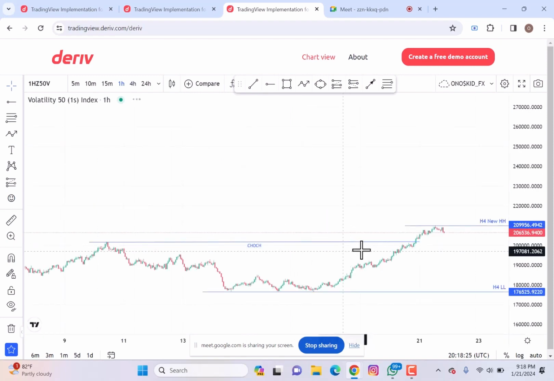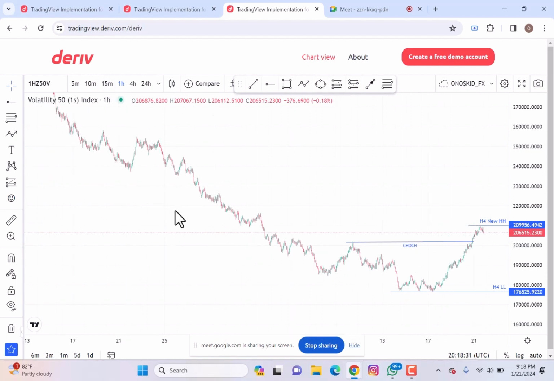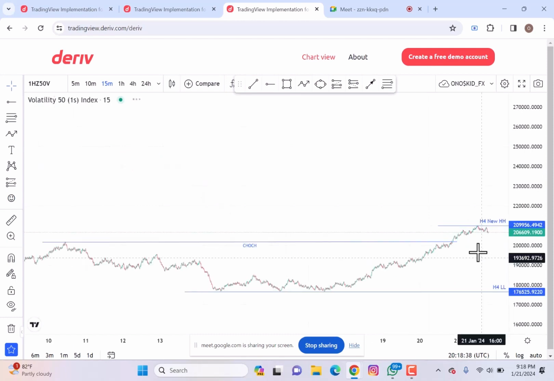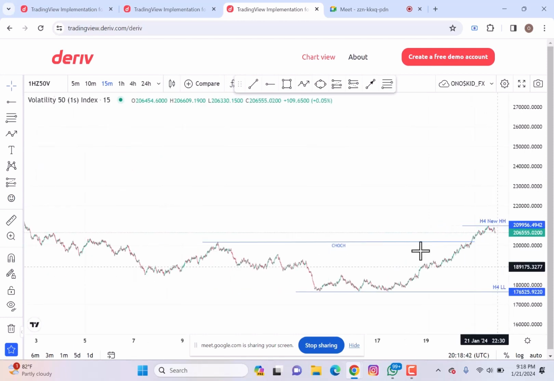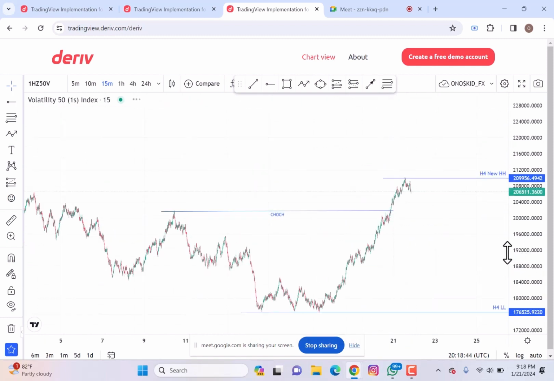If I'm not seeing any, I can scale down to the 15 minutes. And then I can mark out the various levels I think the market can react to.